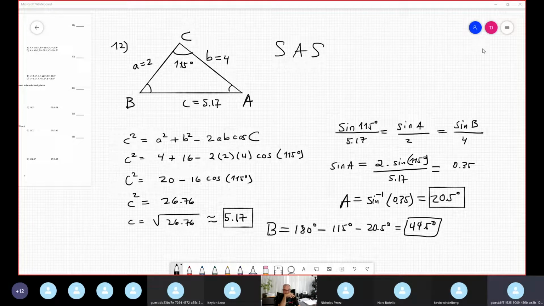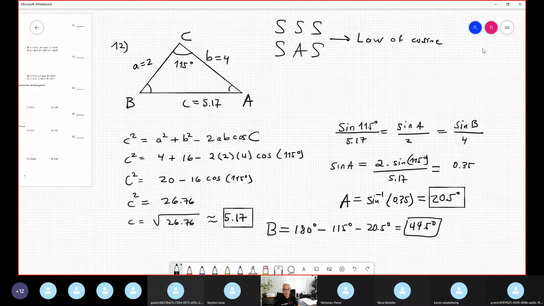When you have side, angle, side, law of cosine. And when you have two angles and one side, it doesn't matter the other, law of sine.